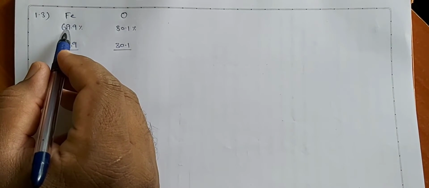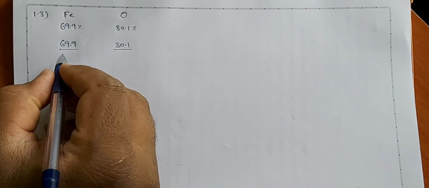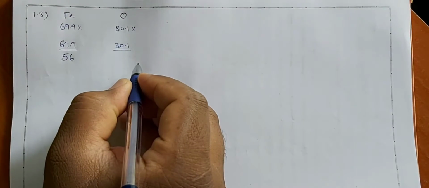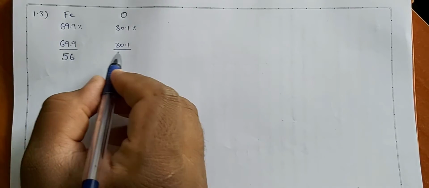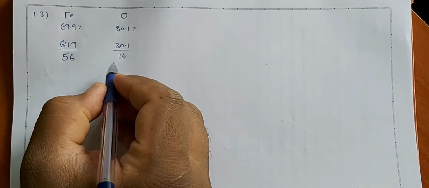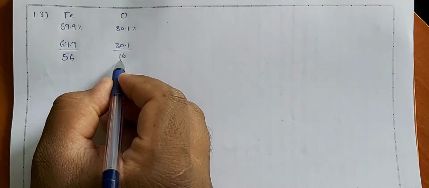What is the gram atomic weight of iron? That is 56 grams. So I divided that 69.9 with 56. Next, what is the gram atomic weight of oxygen? 16. 30.1 divided by 16.